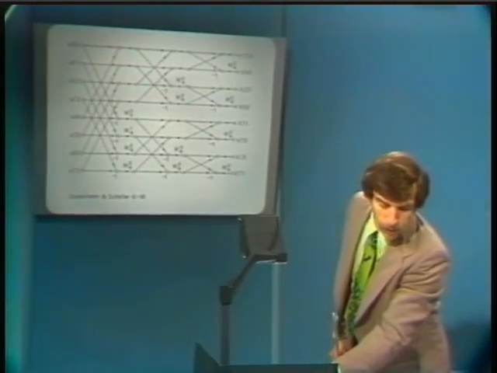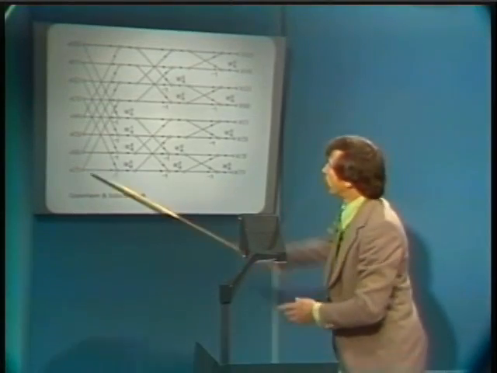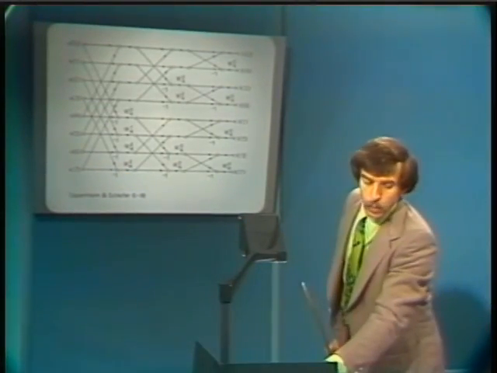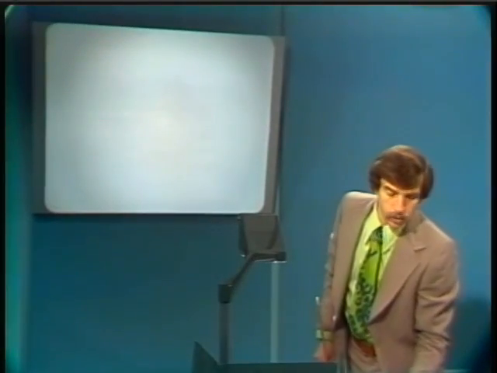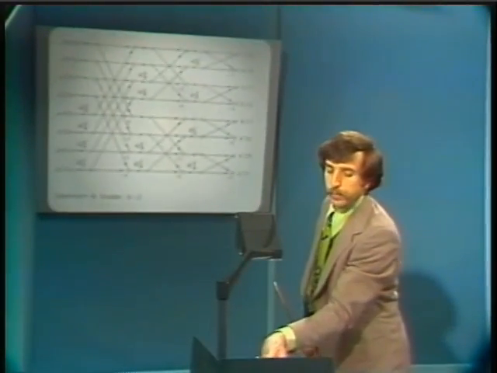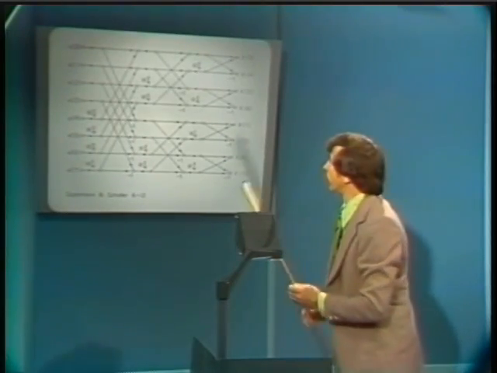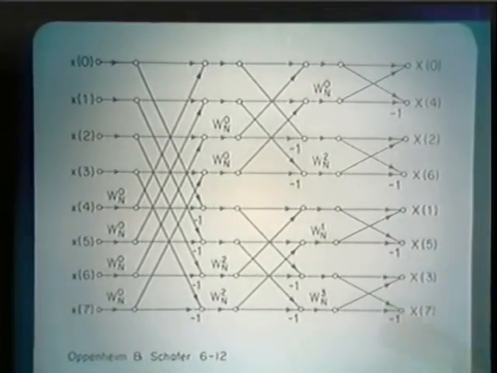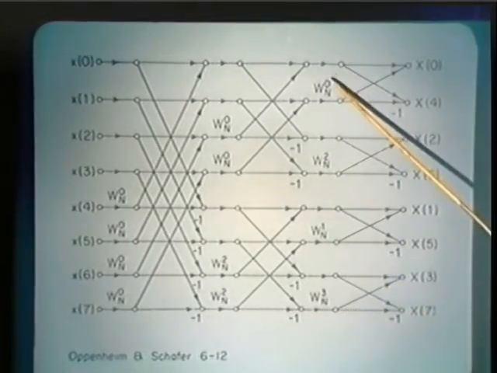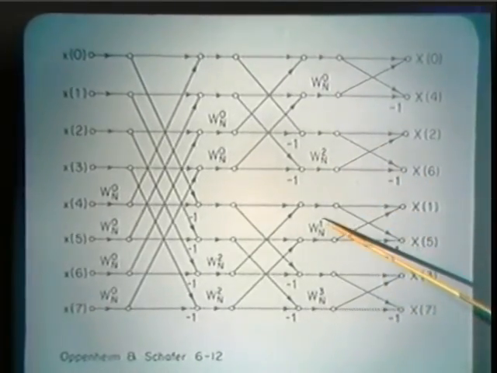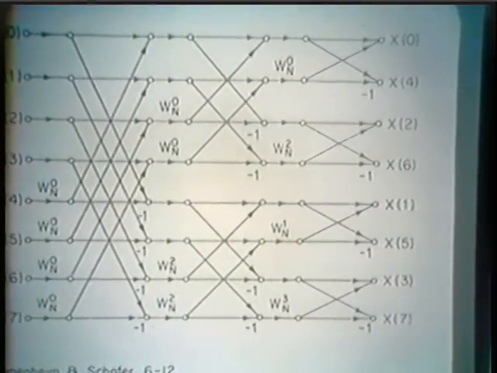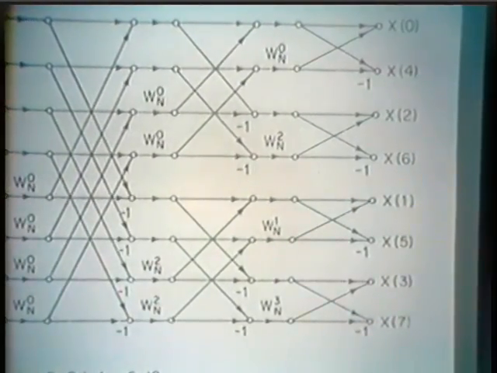Whereas if we took, let's say, the decimation-in-time form of the algorithm, where we have normally ordered input and bit reversed output, in that case, if you look at these powers of W, they're not in normal order. In fact, they're in bit reversed order.